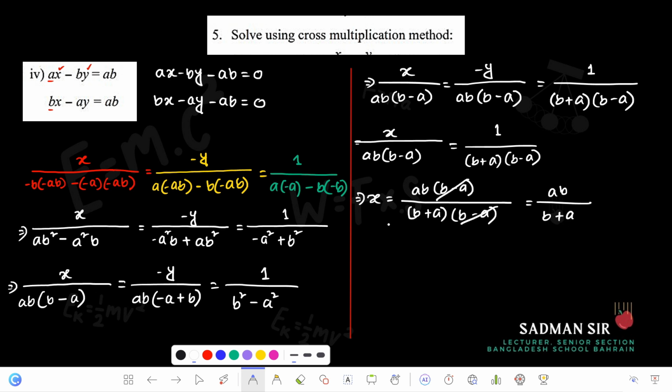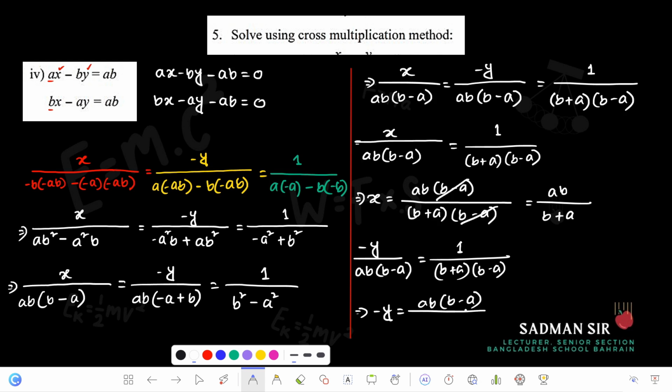So in the similar manner, we will try to find out the value for y also. So minus y divided by ab into b minus a equal to this one, 1 divided by b plus a, b minus a. Again we will do the cross multiplication, and then minus y will be equal to ab into b minus a divided by b plus a into b minus a.